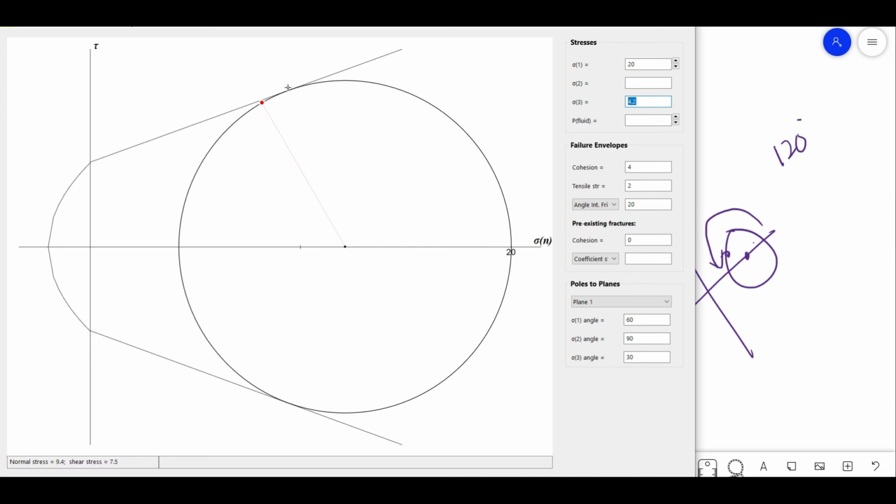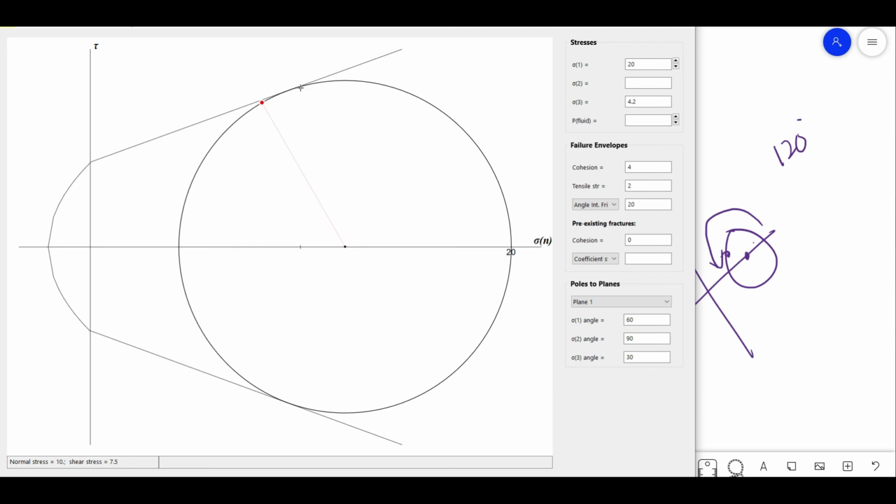the circle, and the particular point of contact between the straight line and the circle indicates the value of normal and shear stress at which that particular plane can be fractured.